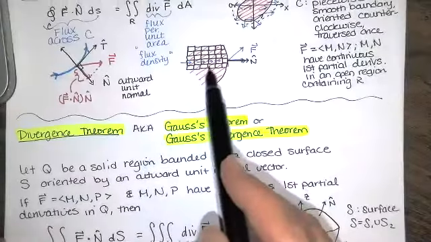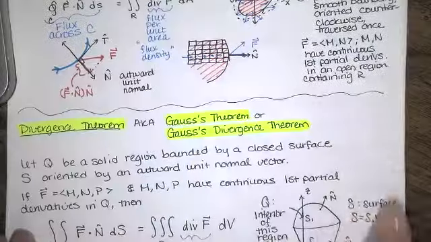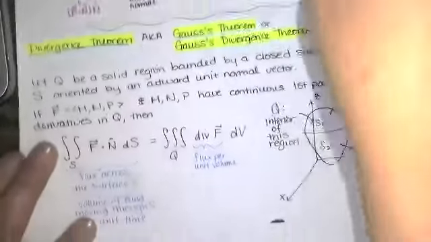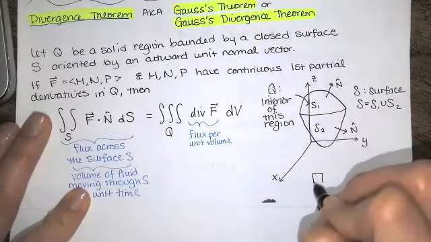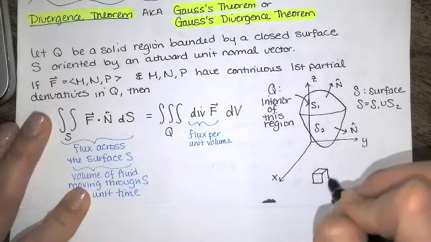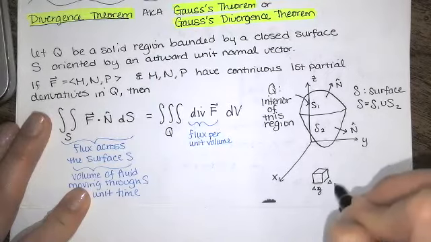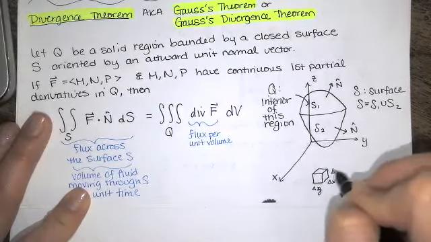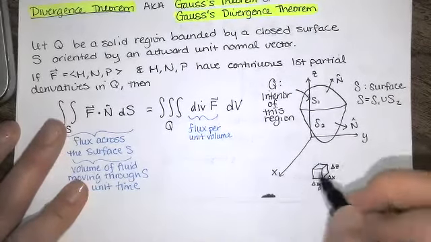Over here, we were thinking of divergence as flux in a little tiny rectangle with area delta x times delta y. Now we're thinking of that as flux through a tiny cube.